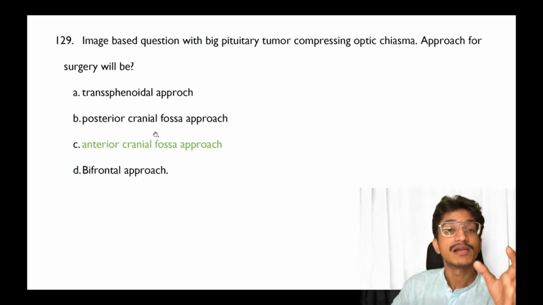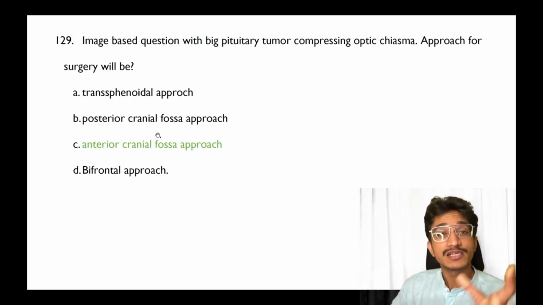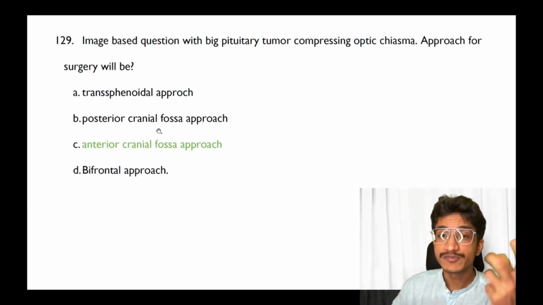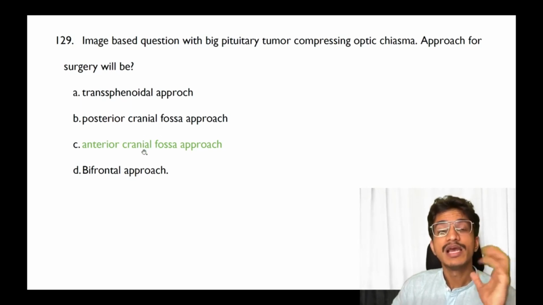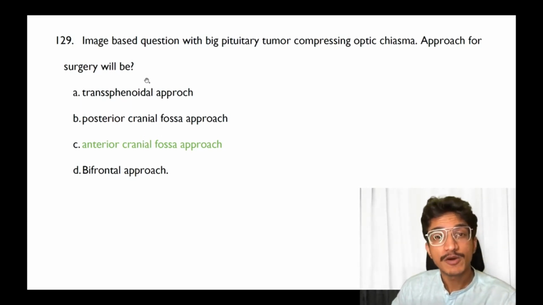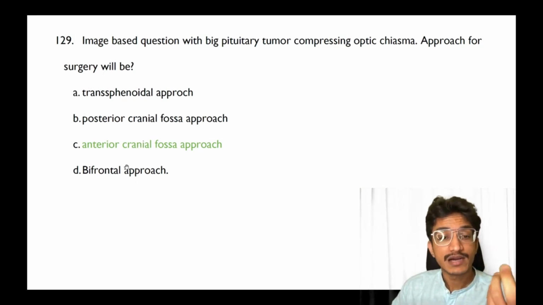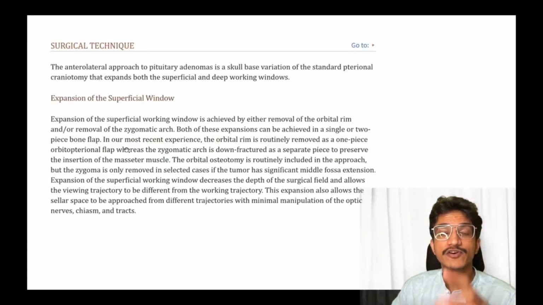If just a pituitary tumor was given in the image you found in the exam, then transsphenoidal can also be the answer. But being a big tumor compressing the optic chiasma, the answer should be the anterior cranial fossa approach.